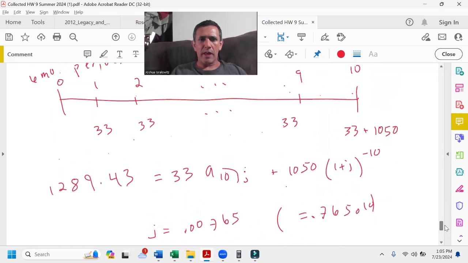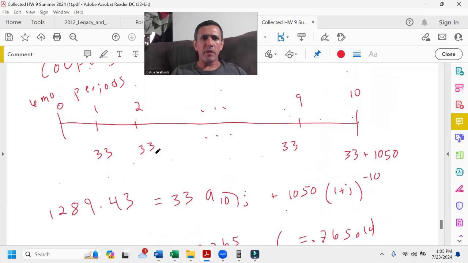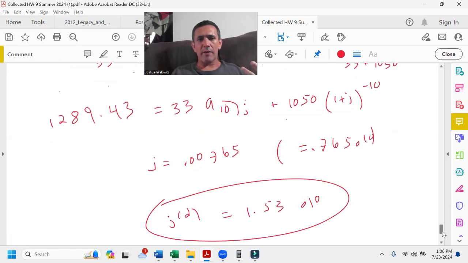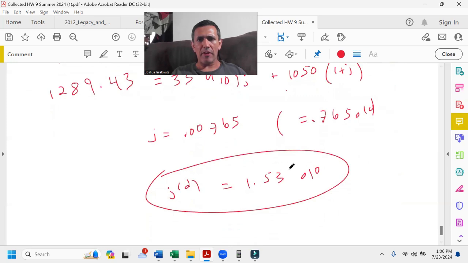This means that if I pay 1289.48 and I get these 33 payments and 1050 after 10 6-month periods, then the interest rate describing the growth of this whole investment is 1.53%. It's an interest rate describing the situation.